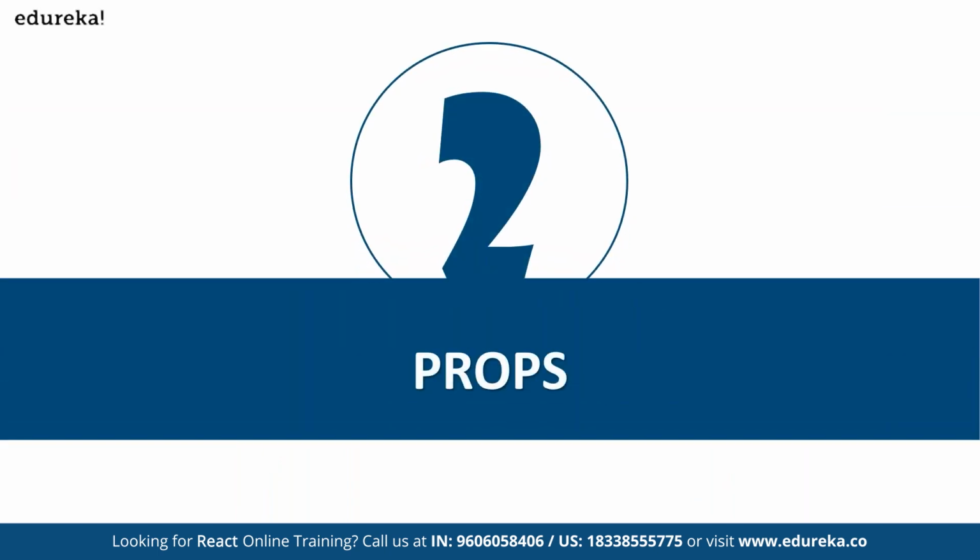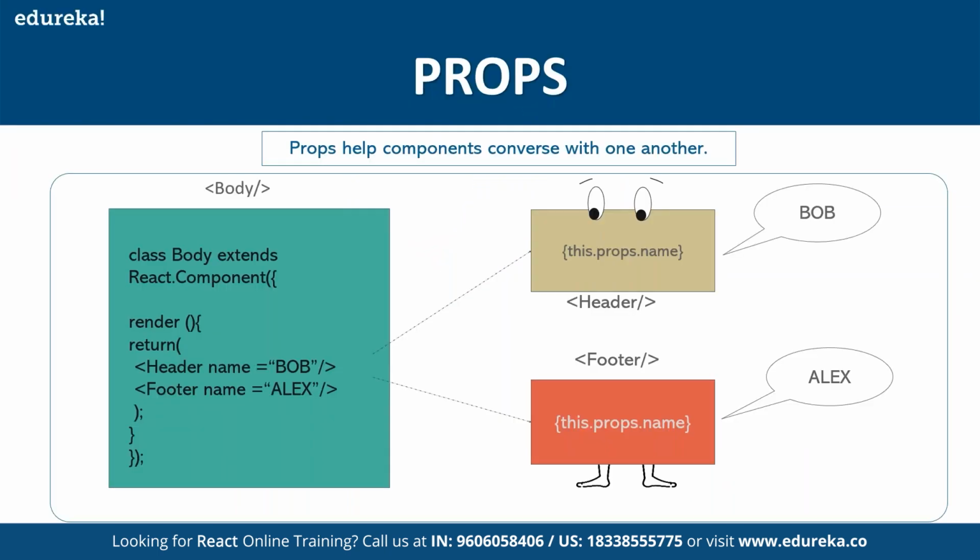Properties are the ones which are passed from the parent component to the child component. Let's say you have header name as Bob and footer name as Alex in the parent component, and you use this dot props dot name in the child component. Whichever name you give here gets located.